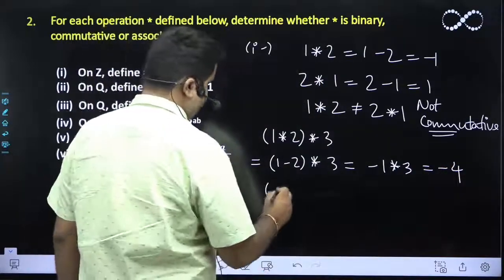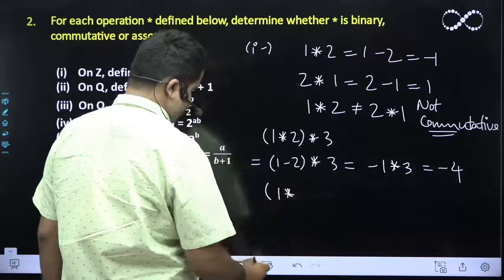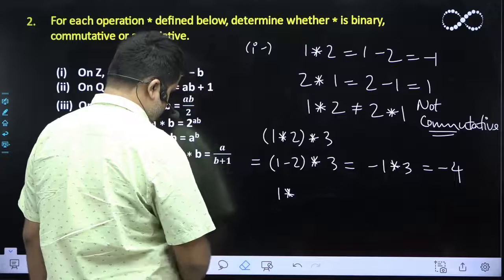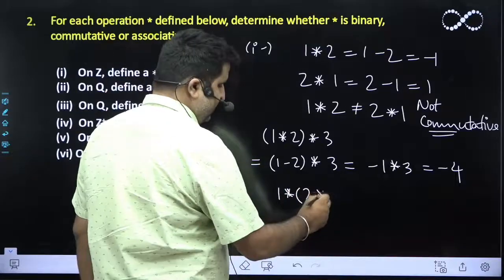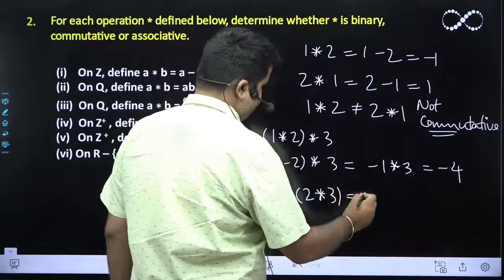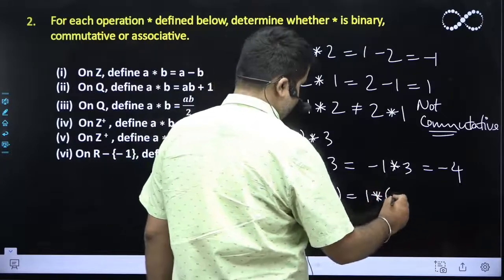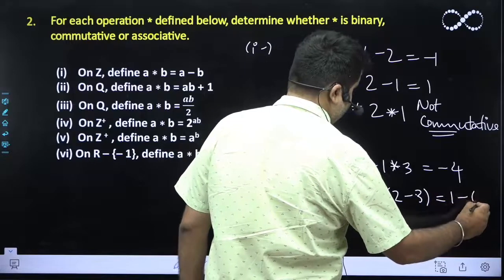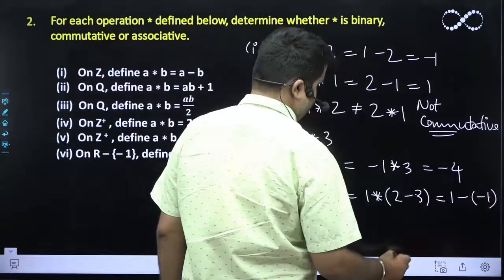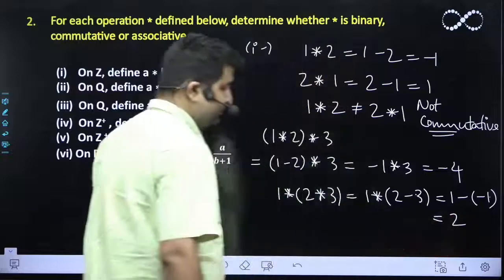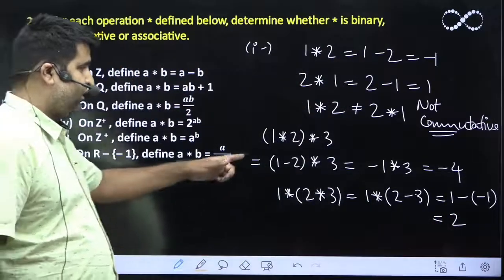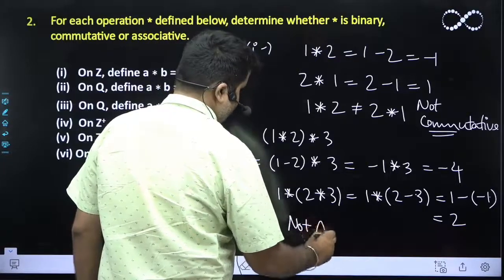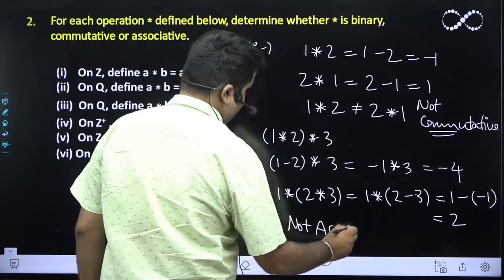And if we take the bracket here, sorry, the bracket will not come here, the bracket will be here: 1 star (2 star 3). In this case we get 1 star (2 minus 3), 1 minus (minus 1). So this will come out to be 2. So therefore these two are not equal, right? So this is not associative as well.